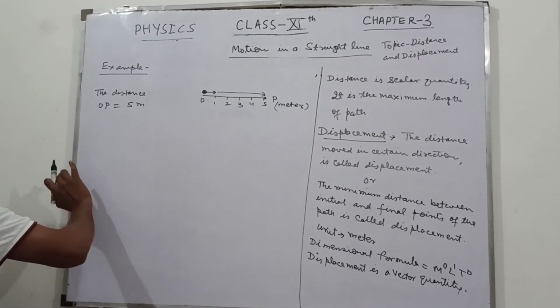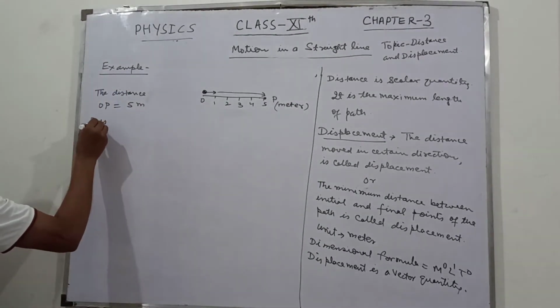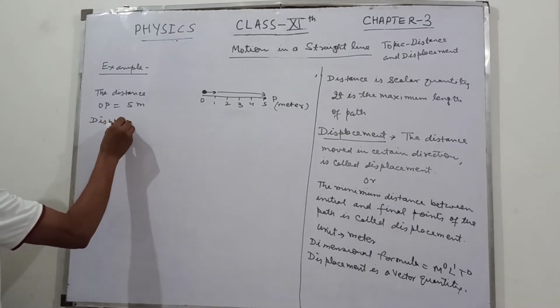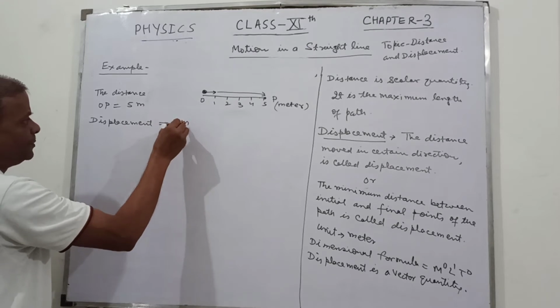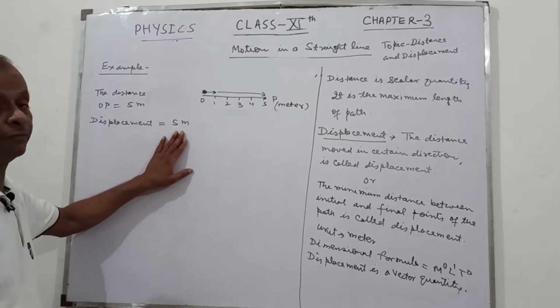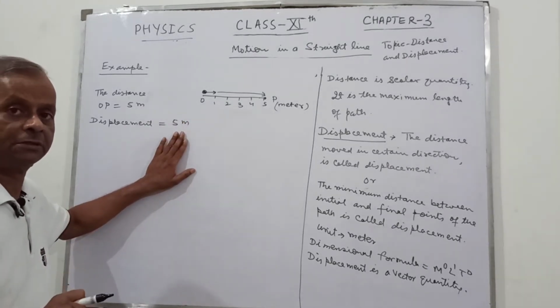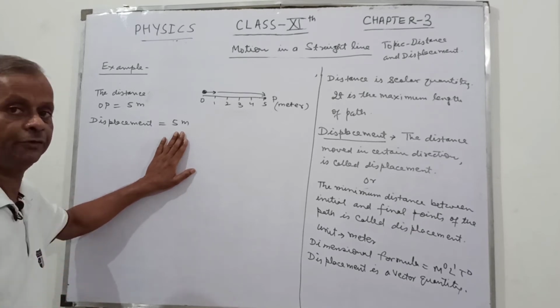OP is equal to 5. Displacement is also equal to 5 meters. So when the body is moving in the same direction, the distance and displacement will be equal.